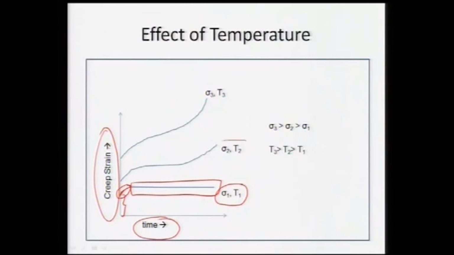But as soon as we increase the temperature and stress, the instantaneous strain also increases. Also, the region of stationary or second stage creep is reduced to a much smaller region. So, that region keeps decreasing as we increase the stress or the temperature. That is the effect of temperature and stress with respect to the creep rate.